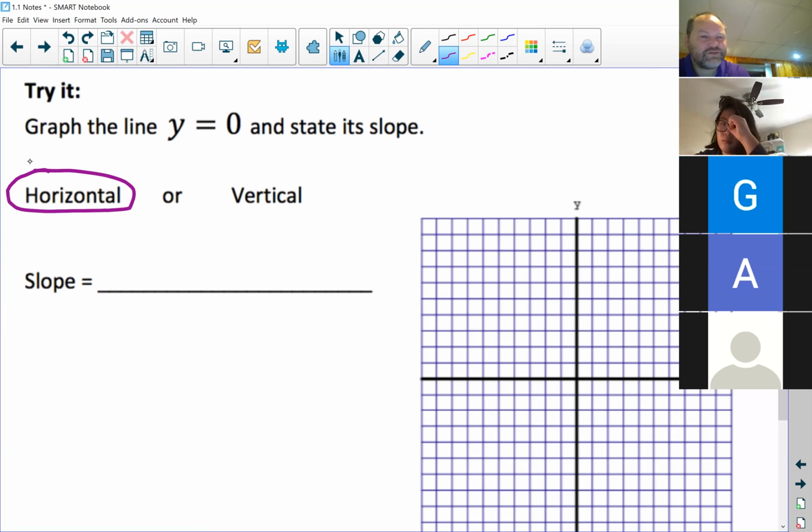Zero. Good. So in this case, it's all of the points with a y coordinate of 0.